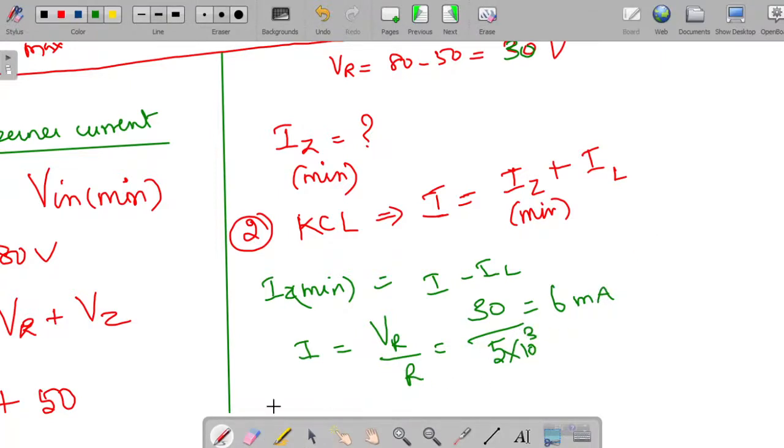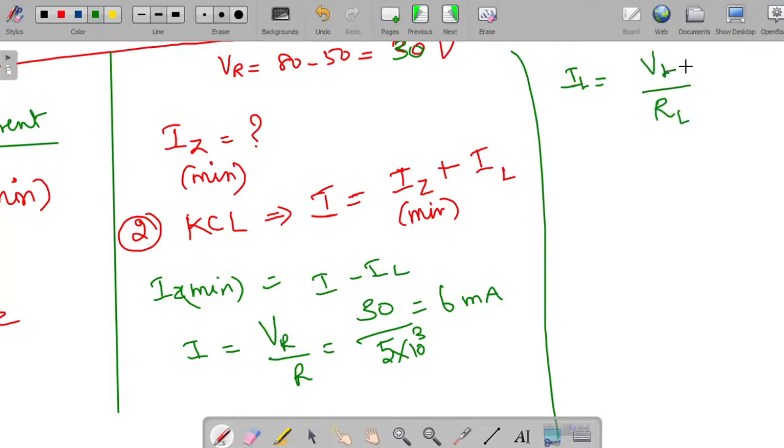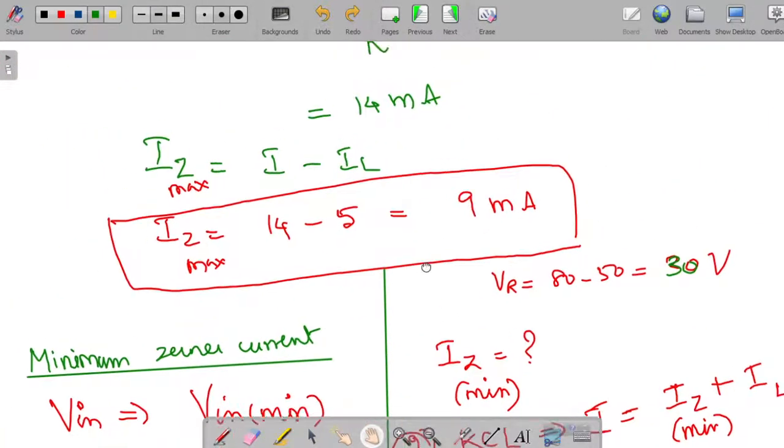Then similarly we should know how to calculate IL also. IL is very simple. This is voltage across the load divided by RL. VL is nothing but VZ, so we should know the VZ value.